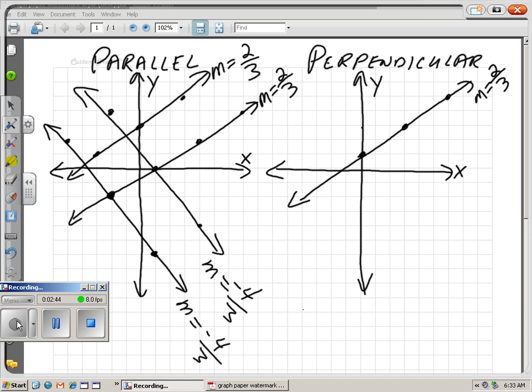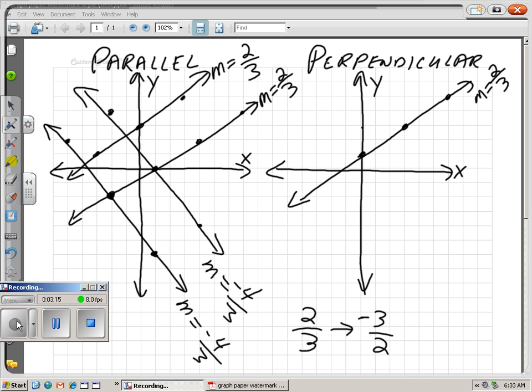Reciprocal means you flip the fraction upside down. Okay, I shouldn't have written equal here because they're not equal. So reciprocal means you flip the fraction upside down. Negative just means it'll be the opposite sign. So since my 2/3 is positive, my other fraction has to be negative. They just have to be opposite signs. Negative reciprocal doesn't mean the second fraction will always be negative. It just means it will always be opposite sign.